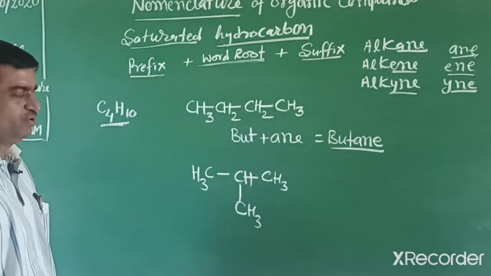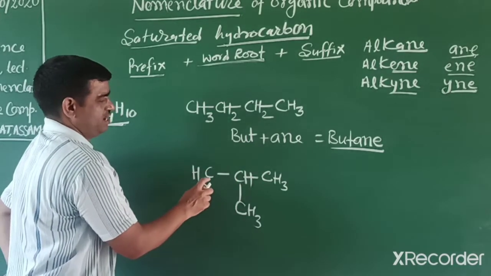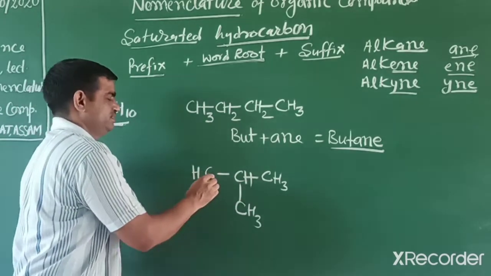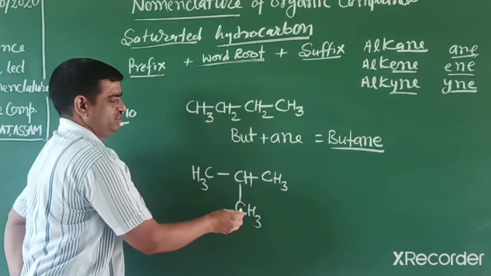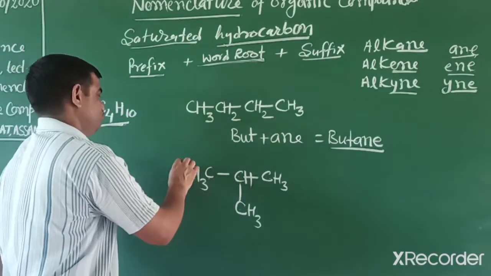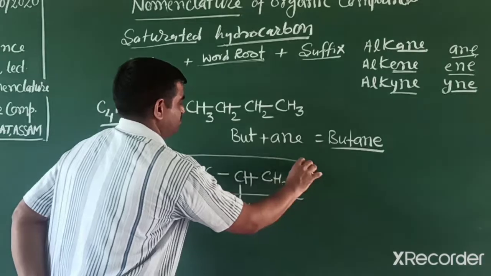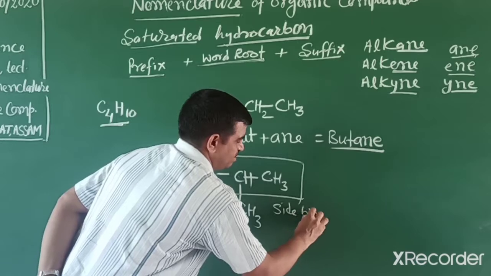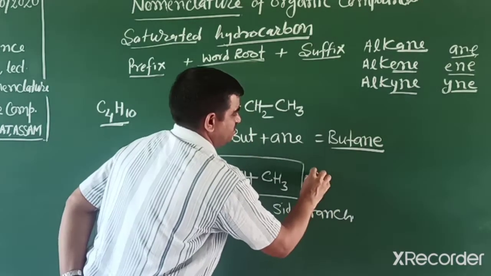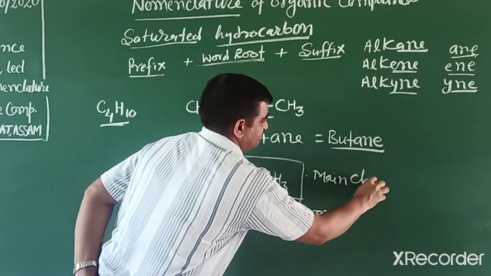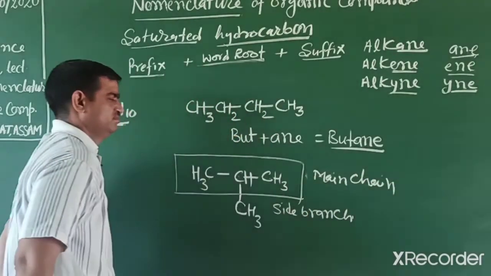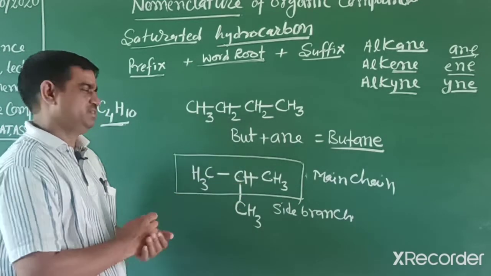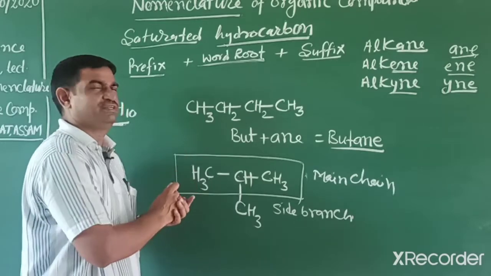Now the other, lower compound, how can we name it? Because there are different chains, one is the side chain, and you can start 1, 2, 3 from any side. We take this one as the main chain and this one as the side chain, the side branch. At first give numbering in such a way that the side branch carbon gets the lowest number.